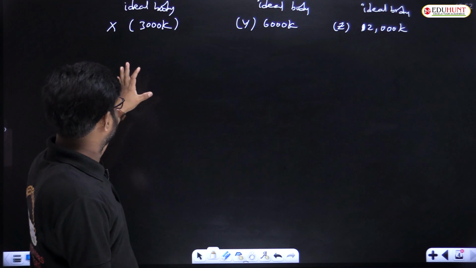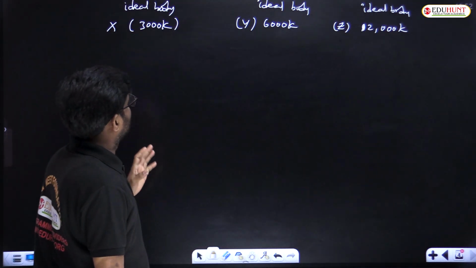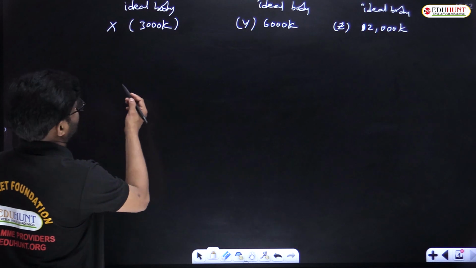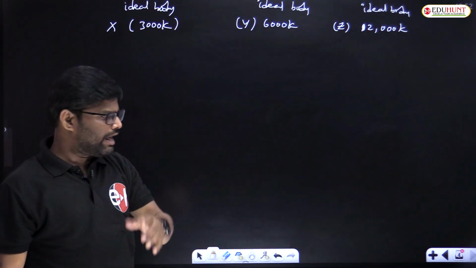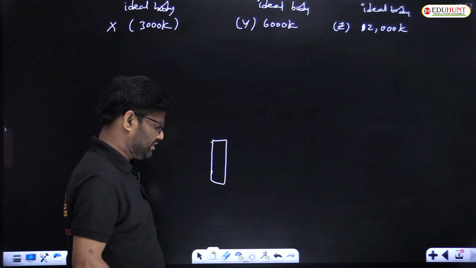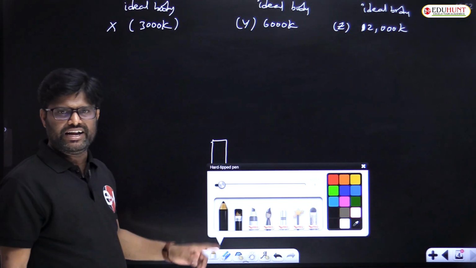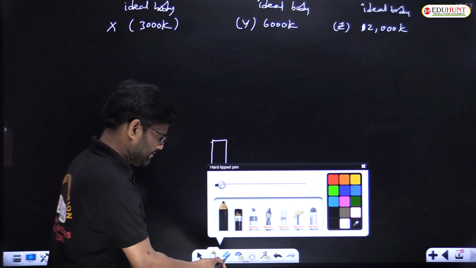So I am taking here X, Y, Z black bodies. First I am taking one ideal object which is heated at 3000 kelvins.